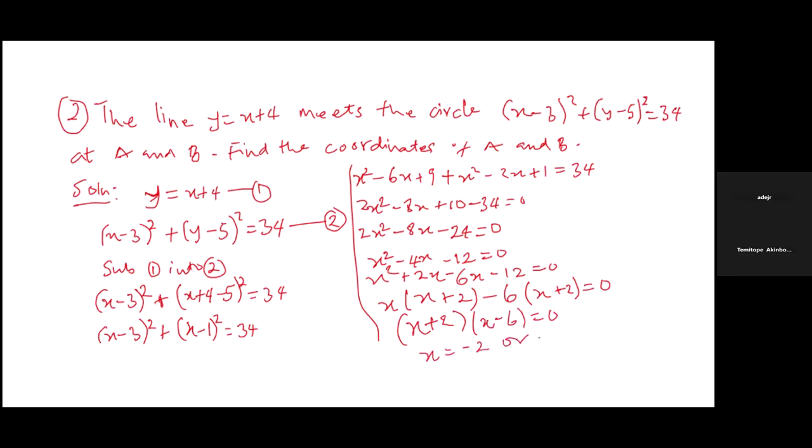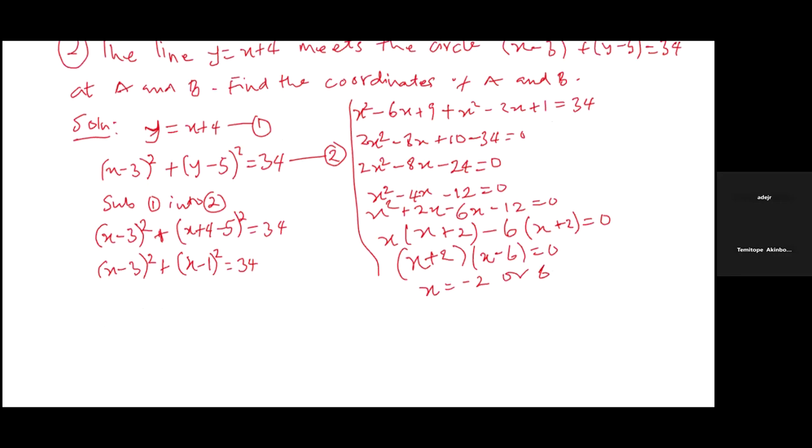So those are 2 points where the line touches the circle with that x coordinate. So let's get the corresponding y coordinate by substituting those values respectively into 1.